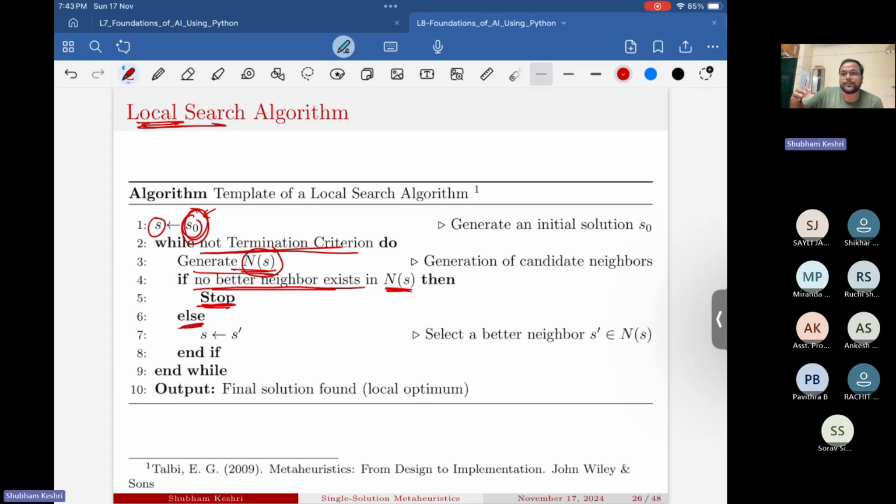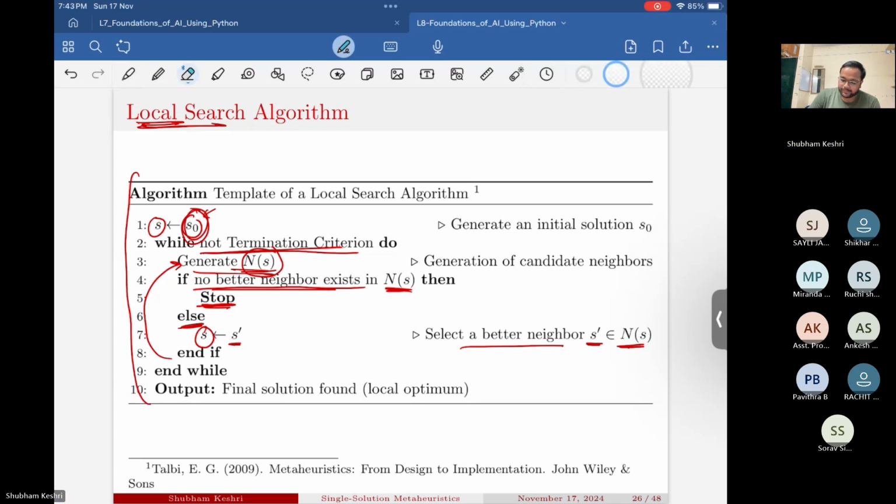Else, you got a better neighbor, which is S dashed, a better neighbor in the neighborhood N of S. Then you change S to S dashed. You go to S dashed, find its neighbors, check whether there is a better neighbor or not, and repeat everything. So this is local search.